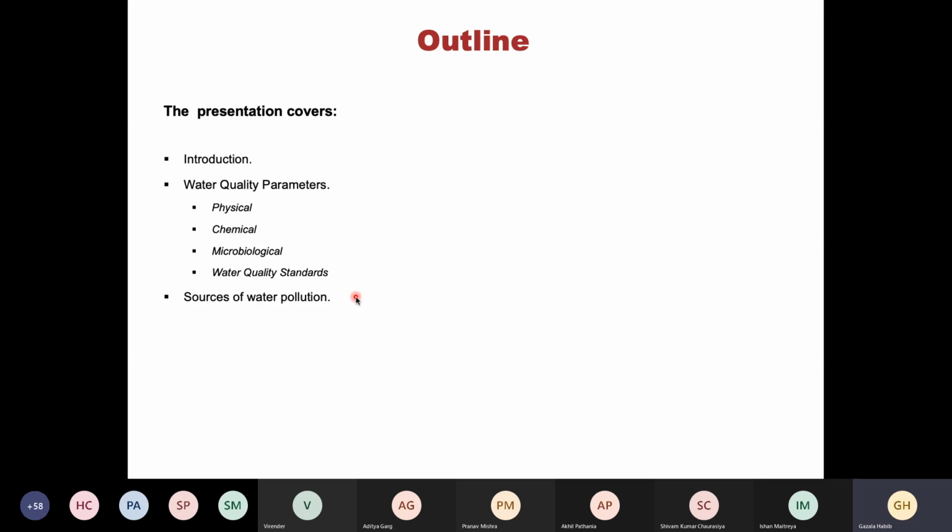That standard I am not teaching, but you can find the water quality standard in any book. Indian standards are there. The standards for other countries can be seen on a website. So I'm not teaching that. Okay. Sources of pollution we will cover with the water quality parameter itself.